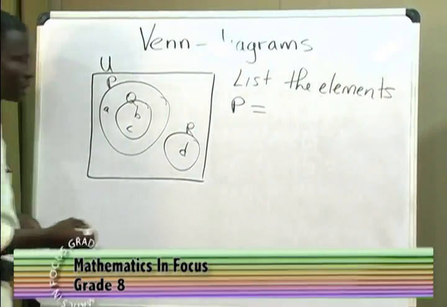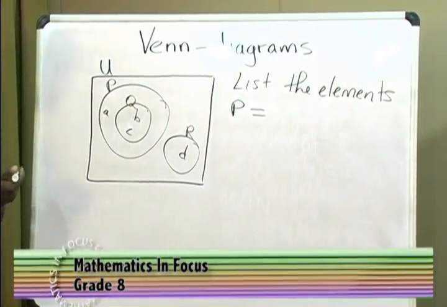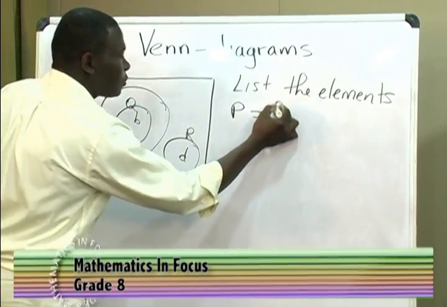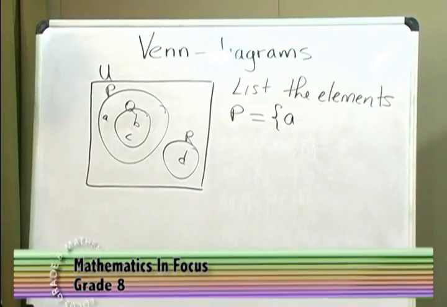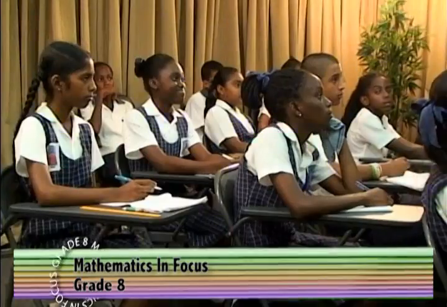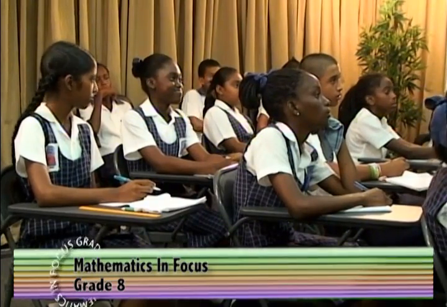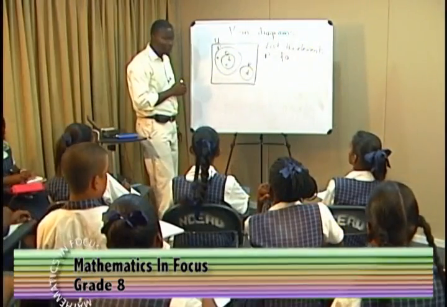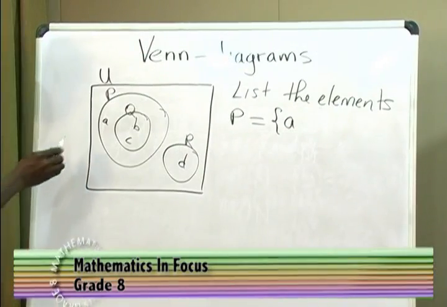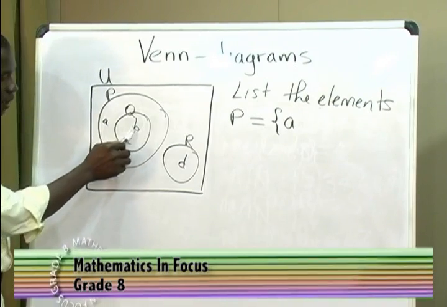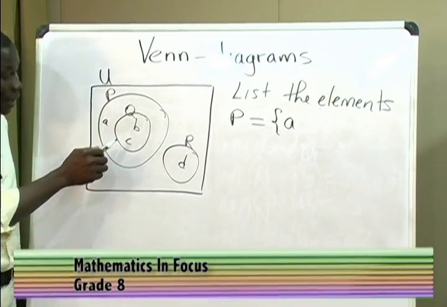What is P equal to, class? P is equal to A. Anything else in P? Q. But Q is the name of a set though. We're looking for the elements inside of P. What are the other elements in P? B, C. Someone is saying B and C. Are you sure B and C is inside of P?